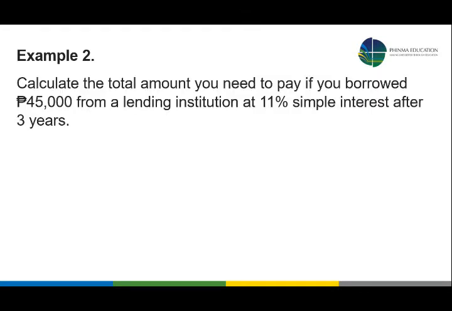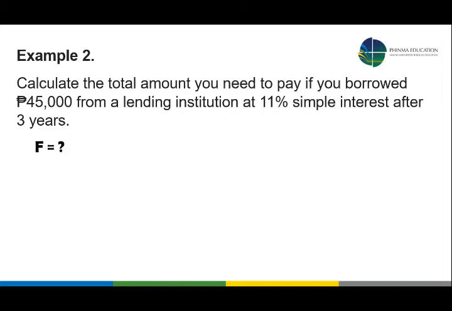Example 2. Calculate the total amount you need to pay if you borrowed 45,000 pesos from a lending institution at 11% simple interest after 3 years. So what is asked in the problem, or what we are looking for, is the future value or the maturity value.